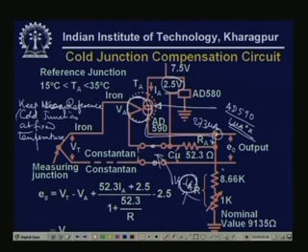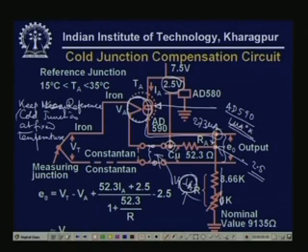When that drops through this, the potential will become 2.5, and this is also 2.5. So this potential is the same as this potential. Therefore E0 is normal.